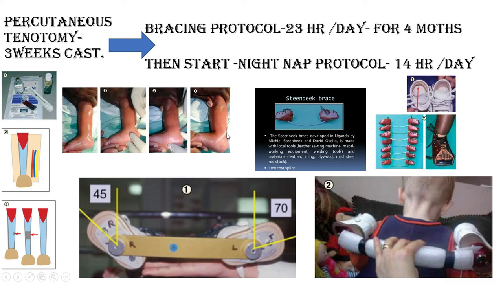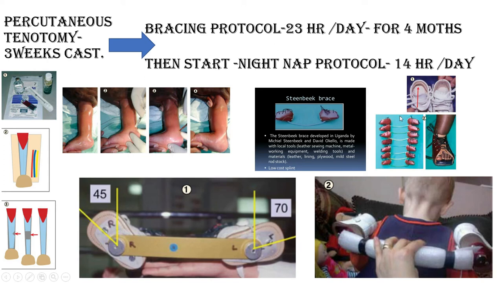And we have to look after the blood soakage. If there is blood soakage, you have to change the plaster, or you have to do a window dressing over this. You have to put this patient on some oral antibiotic and painkiller, or parenteral painkiller for that day, and we will keep follow-up after 3 weeks. After 3 weeks, we remove the plaster, and we will put that patient on the bracing protocol.